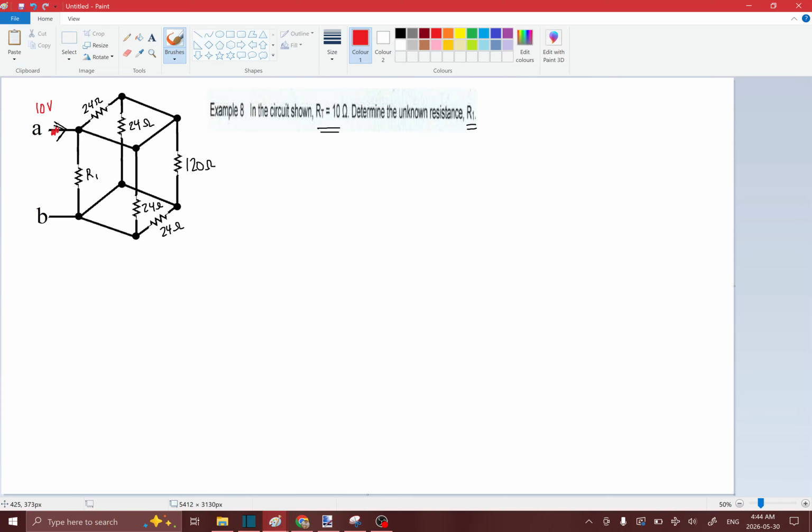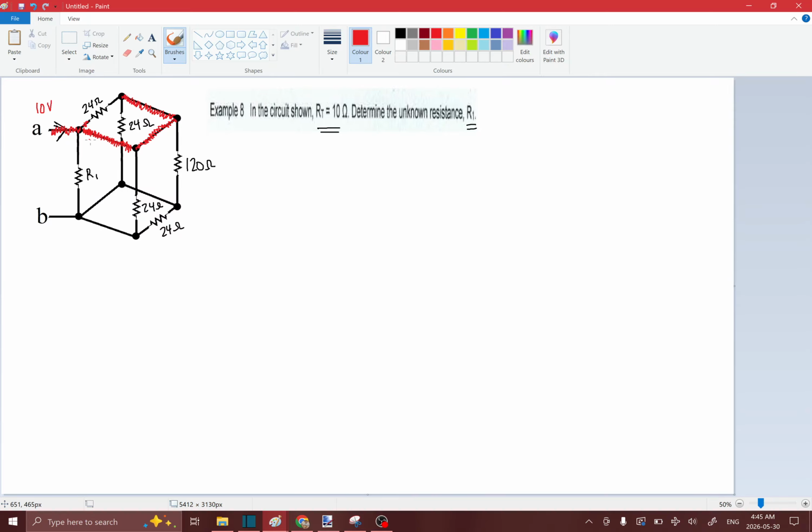As it comes in from A, that 10 volts is going to come to this node over here, and it's going to go through this resistor maybe, but let's go around this way as well, because electricity likes to follow the path of least resistance. So before we go through this 24 ohm resistor, let's follow the path of least resistance to see where it takes us. We're going to say that the electricity continues to have 10 volts of charge because there's no resistor in our path that decreases the voltage.